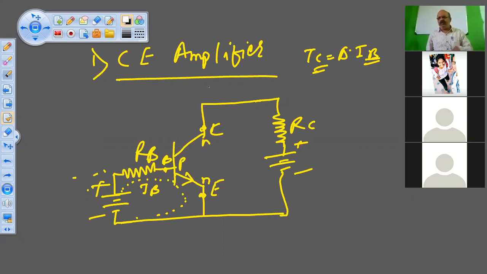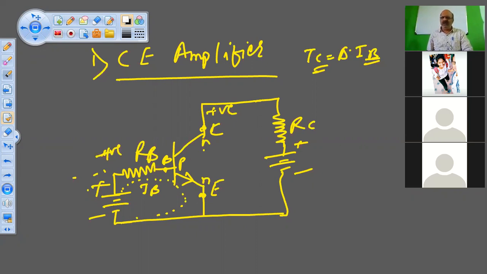For proper biasing of the transistor, the emitter base junction must be forward biased and the collector base junction must be reverse biased.